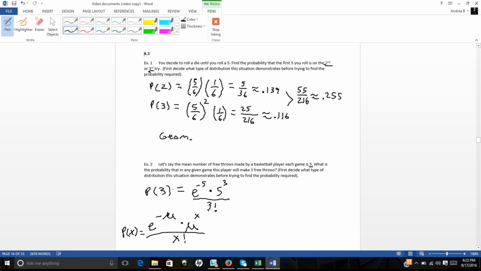The symbol that looks like a cursive U is your mean or your average. So if we plug in our values, we get about 0.140. That would be what we'd expect for the probability for this player to get exactly 3 free throw shots in the game.